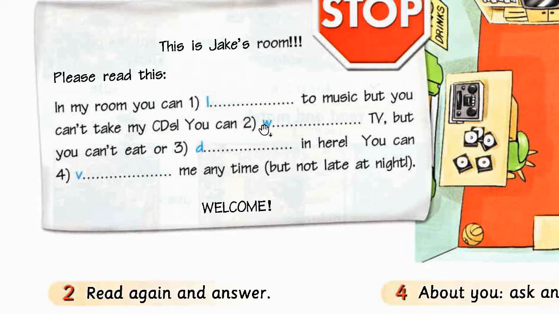How about number 2? Number 2, you can watch TV. How do you spell watch? W-A-T-C-H. If you write the words, use block letters, meaning separate letters. Okay, watch here.